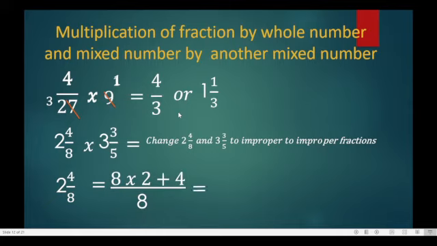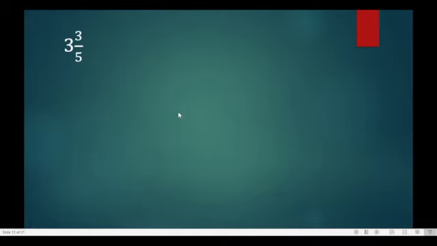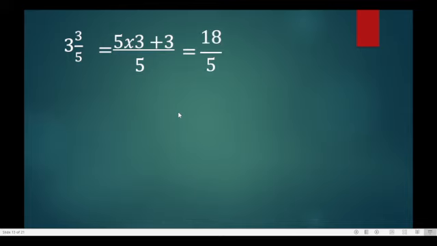So that is equal to 20 over 8. And then let's change 3 and 3 fifths into an improper fraction. So 3 and 3 fifths will become 5 times 3 plus 3 all over 5. And 5 times 3 is 15 plus 3 is 18 over 5.